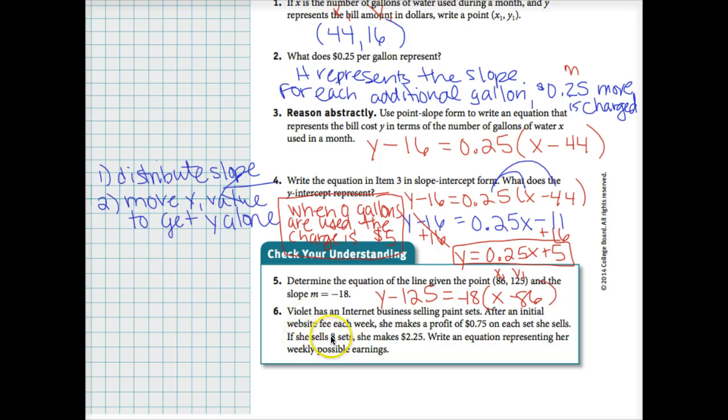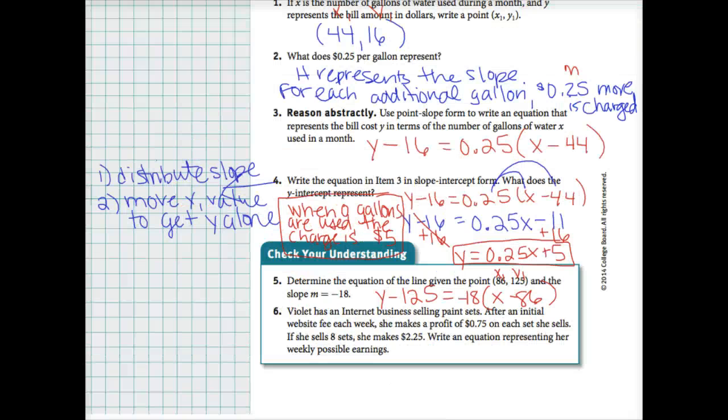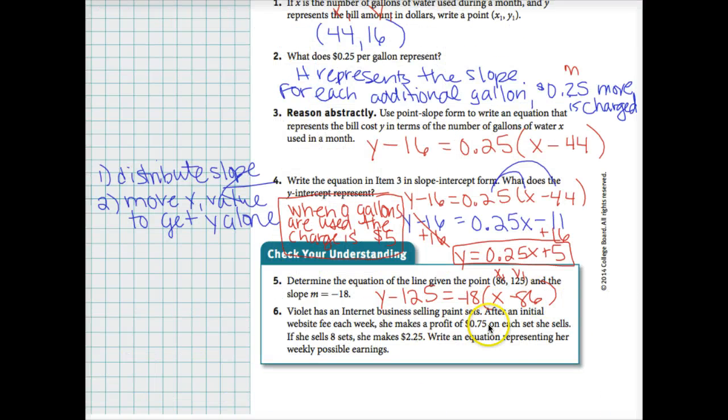All right, so now we're going to look at number 6, and number 6 is actually very similar to the situation we just did in numbers 1 through 3. It gives you a situation, it tells you how much she makes, and it gives you an ordered pair. Just like we had to identify the x1, y1 from the situation with the water and the price, you need to do the same thing here in number 6.